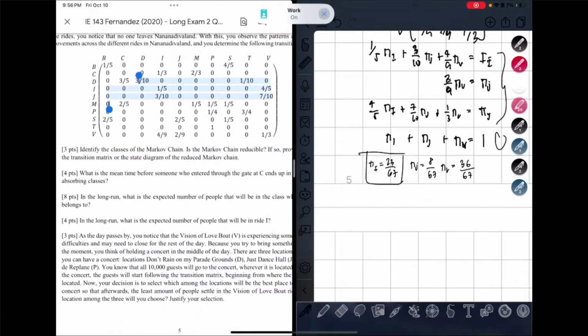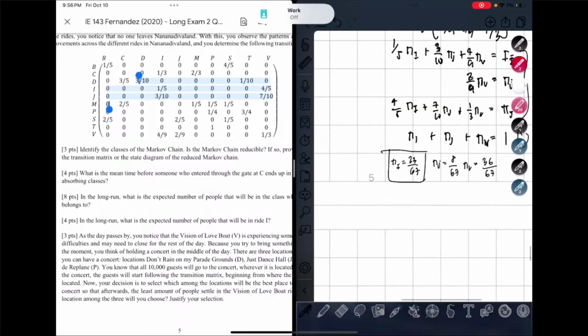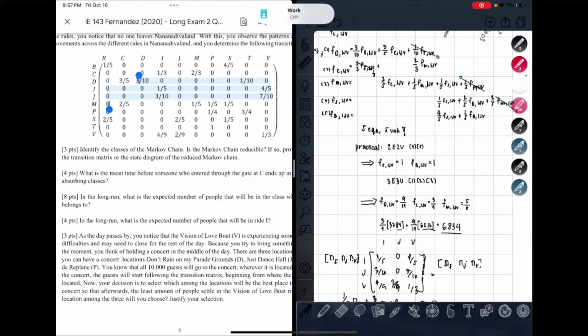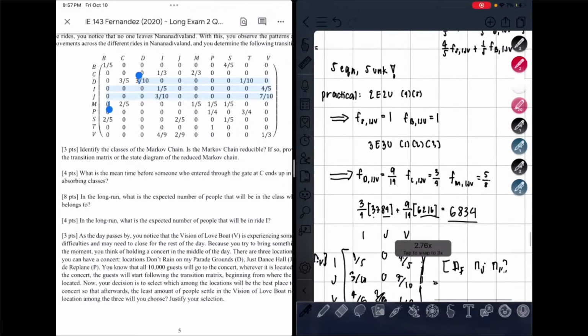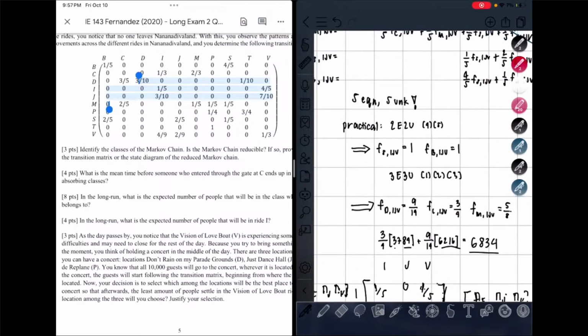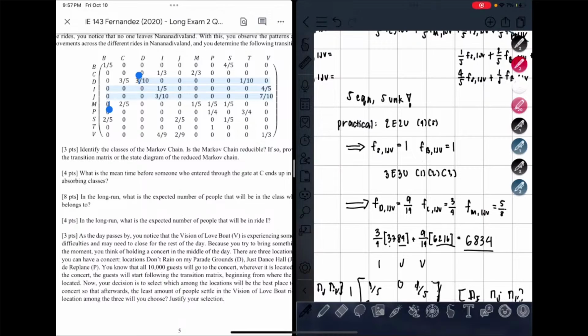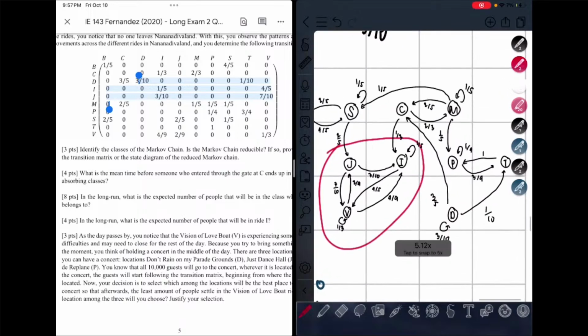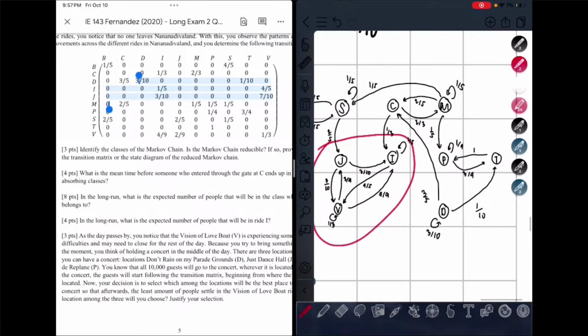Essentially, if you look at the bigger picture, guests entered at gate C and gate D. We found out from the previous sub-problem that 6834 of those guests have ended up in this recurrent class, this part of the theme park, right? We're no longer concerned with what happened to the others that make it 10,000, but conceptually the rest went here.